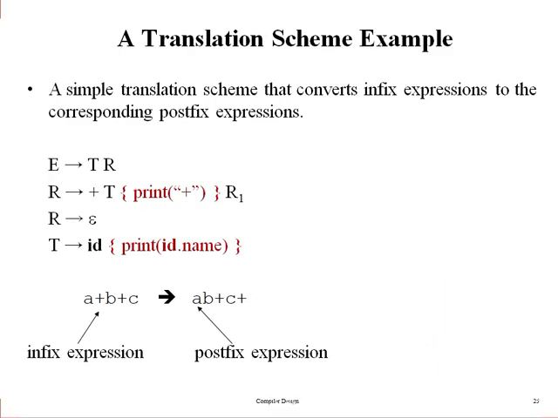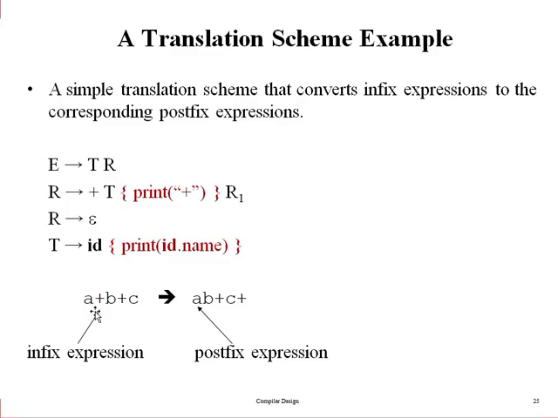So when translation schemes are defined for a given grammar, we can then evaluate using simple left to right traversal. This is another example that shows the conversion of infix expression to postfix.